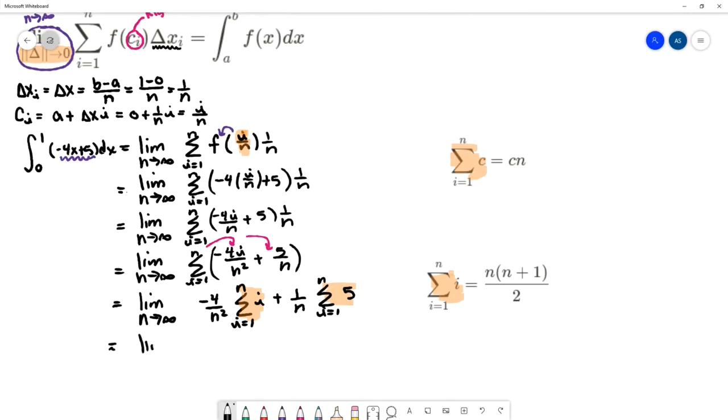So this would simplify to be the limit as n approaches infinity, negative 4 over n squared. The sum of i is going to change to n times n plus 1 over 2. And the sum of a constant is that constant times n, so this becomes 5n.